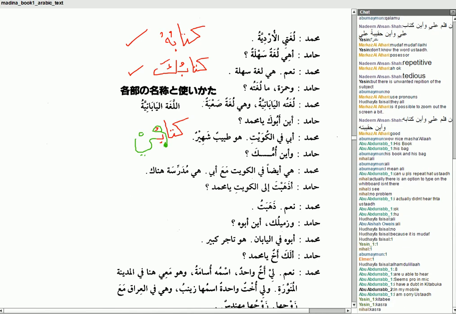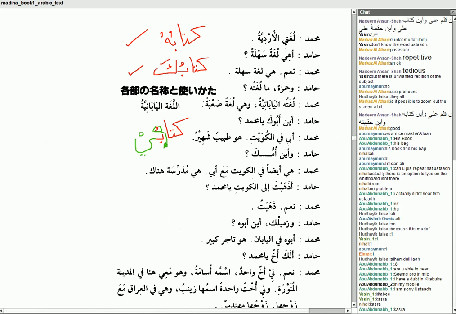To a kasra. Barakallah feek. They reduced it to a kasra. So therefore they say kitabi, as Yasin mentioned earlier, and kitabi means my book.